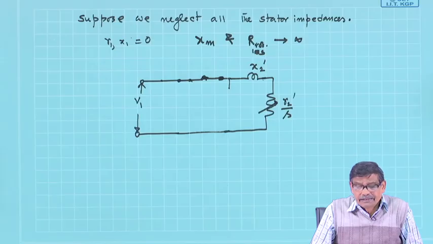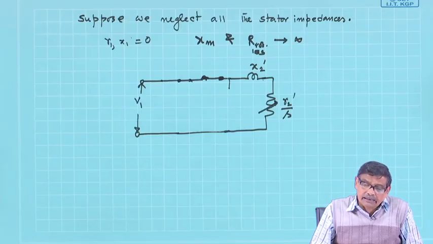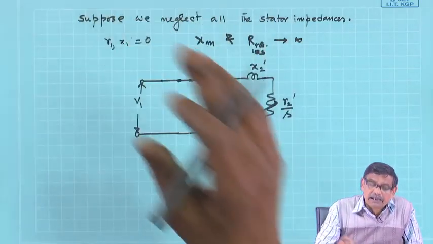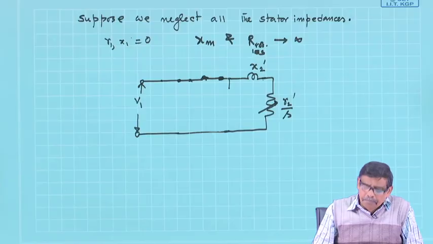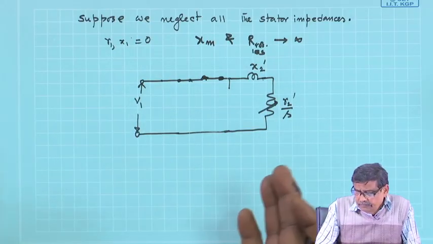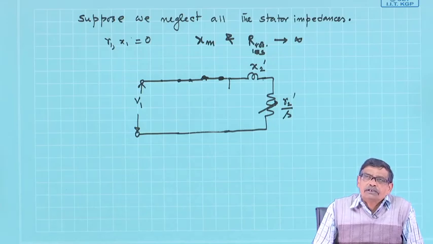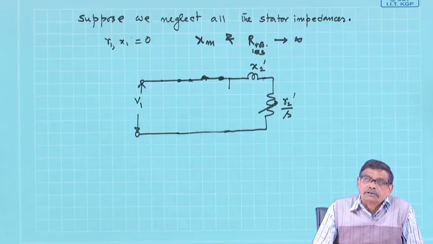Similarly, try to make X m and R rotational high in order to reduce the magnetizing current as well as the core loss and frictional loss, as small as possible, means this parallel branch is also high, and with this try to find out how much torque is produced, at what slip the machine produces that torque, etc., torque slip characteristics.